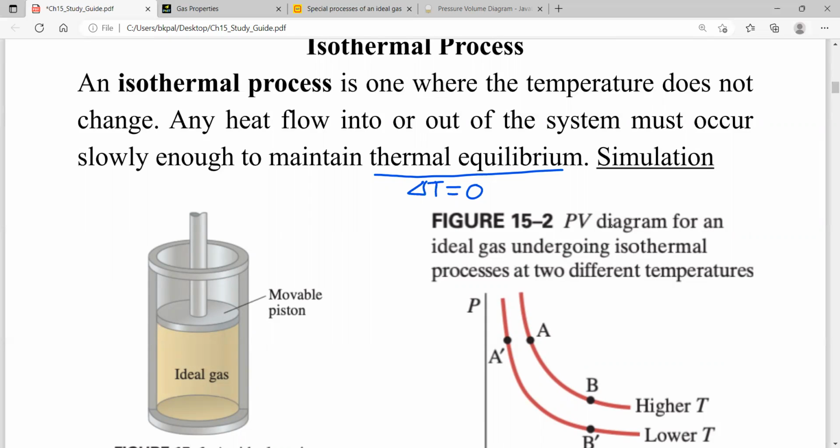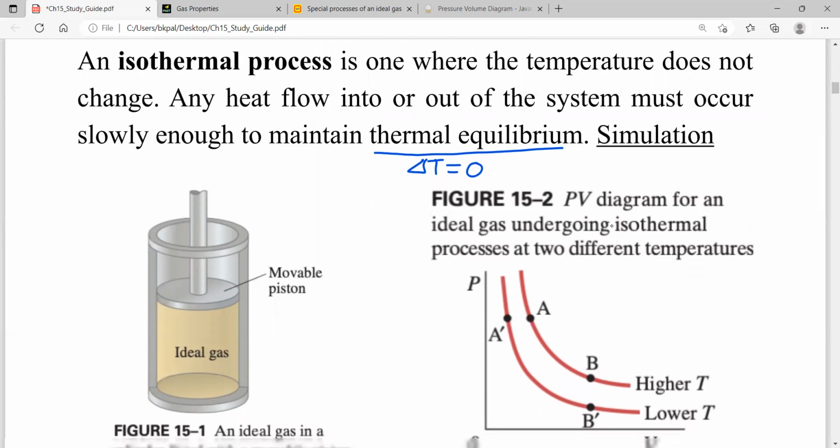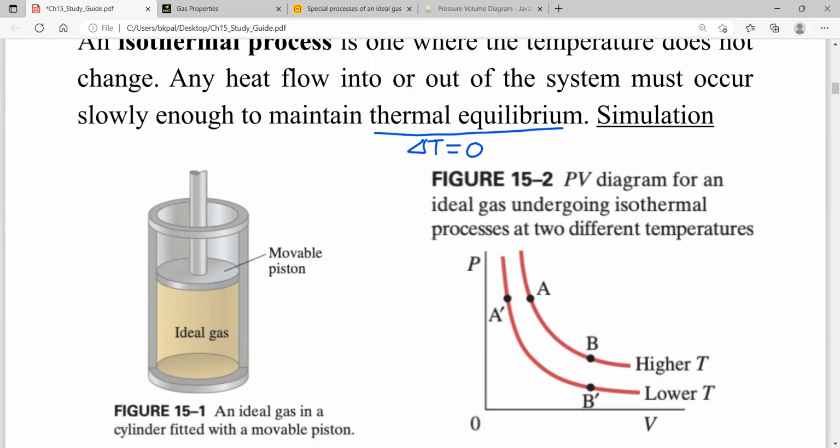Now, the isothermal curve, the PV curve, is basically the one you already saw in the last chapter. This is Boyle's law, right? You know that when T is constant, P is inversely proportional to V. So when you draw a line, one line is for one temperature.